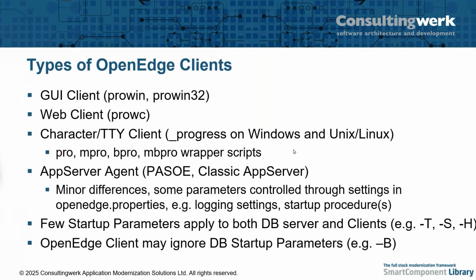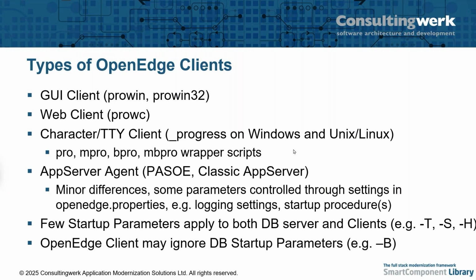On Unix systems, it's pretty common to use one of the wrapper shell scripts, Pro, MPro, BPro, MBPro. They all start the _progress with a handful of standard startup parameters added. I must say I never found a lot of favor in using MPro or Pro. I always use the _progress. And I see there's a typo on the slide, it's progress with a single S. I'll fix that later.